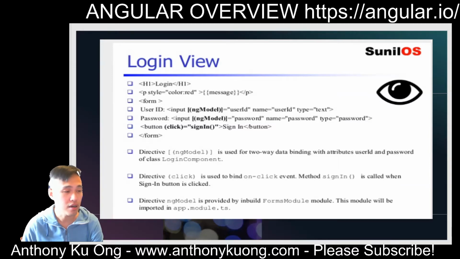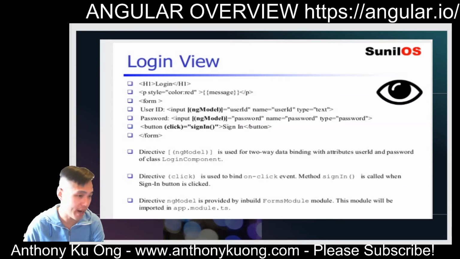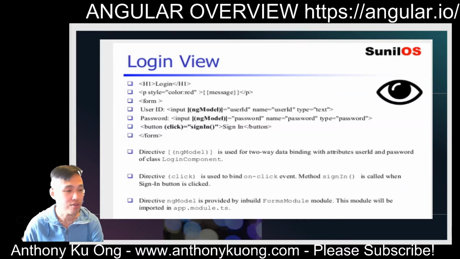They're basically two-way bound, and the syntax is right there. Usually you would put these brackets, and that's probably the reason why we call it Angular, because we put these angle brackets around it to define the bindings of the directive.